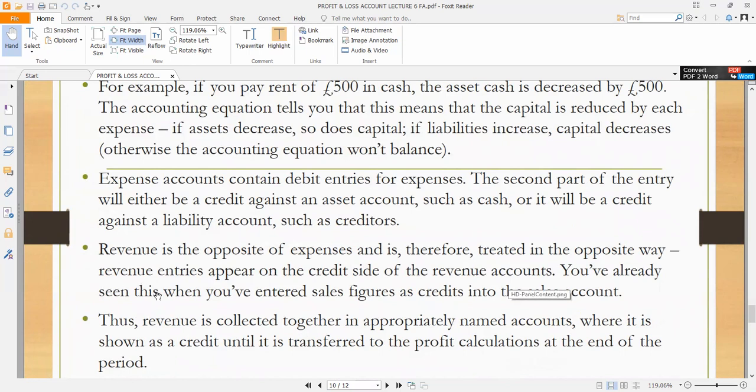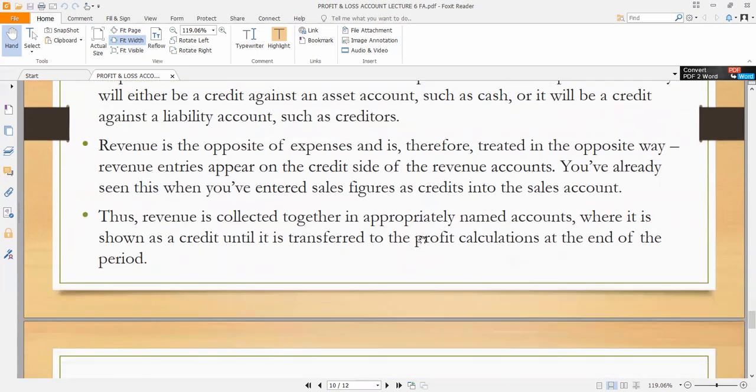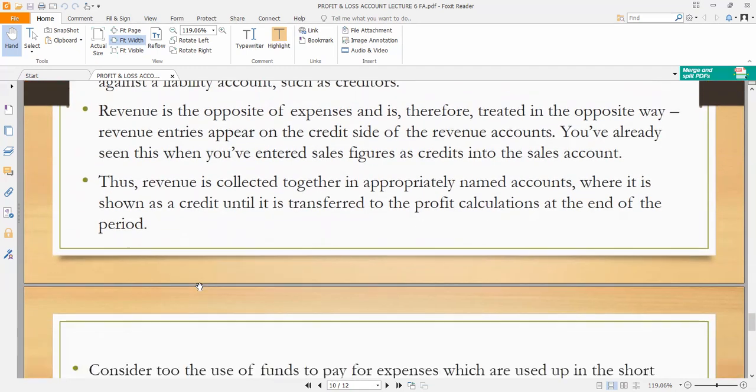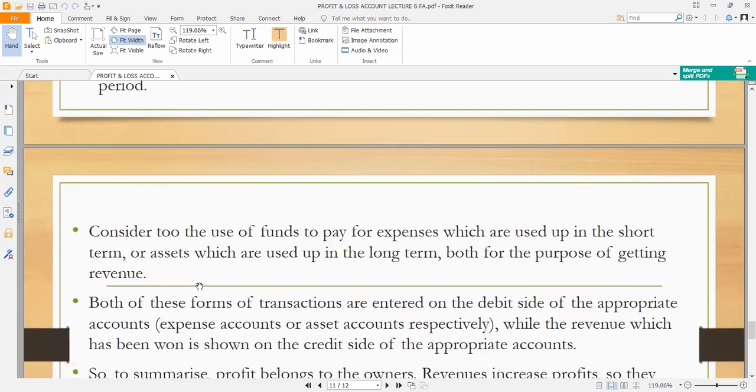You've already seen this when you entered sales figures as credit into the sales account. Revenue is collected together in appropriately named accounts, where it is shown as credit until it is transferred to the profit calculation at the end of the period.